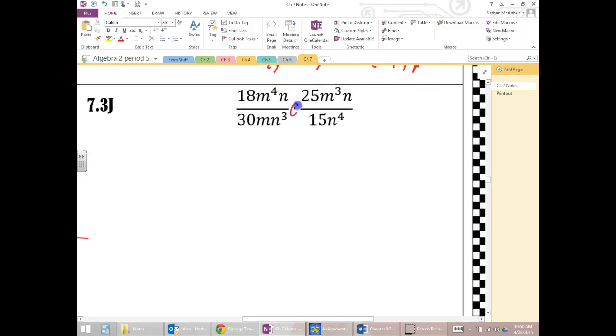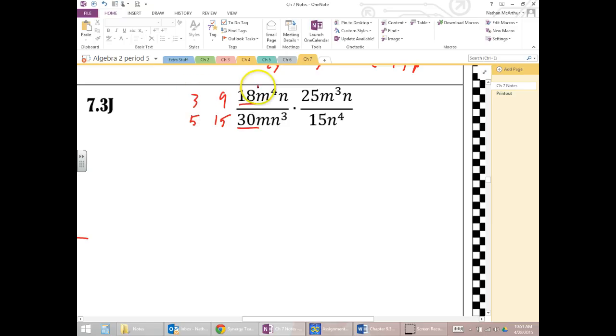It's a multiplication, so there's no flipping. I don't change anything over. Let's look at the 18 and the 30. What goes into both of those? At least a 3, maybe a 2. Let's try with 2. That gets me 9 and 15. What goes into 9 and 15? 3. So I end up with 3 and 5.